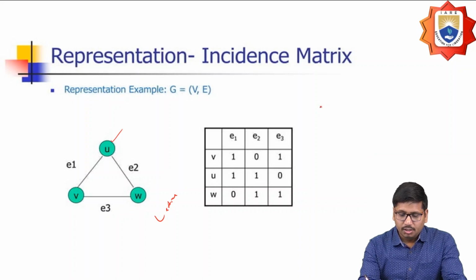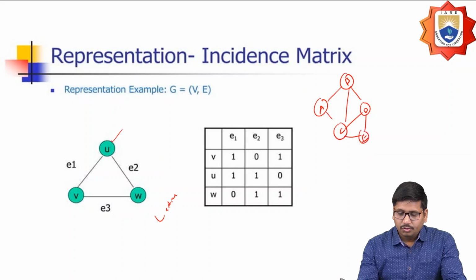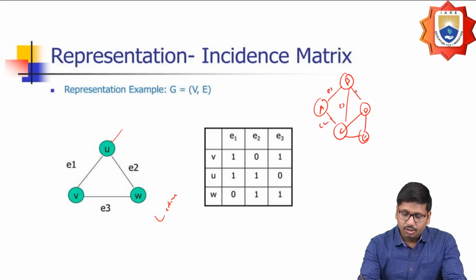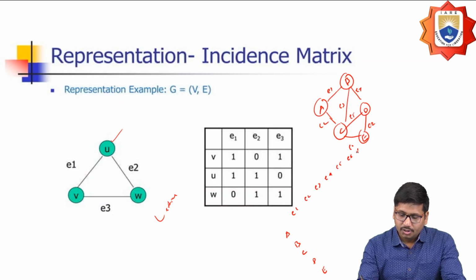So let us consider another graph. If I have a graph like this, the edges we have are E1, E2, E3, E4, E5, E6 and E7, and the vertices are A, B, C, D, E. This should be the set of edges here.